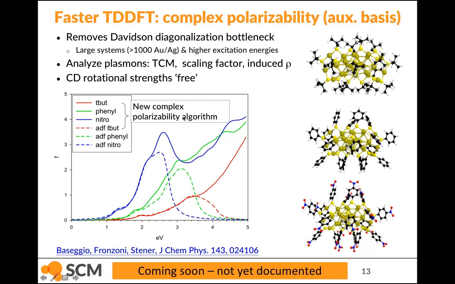Using their new complex polarizability algorithm, they can go to much higher excitation energies, and you get the same shape. You get the first plasmon, the same shape, but you can go to much higher excitation energies. What's really interesting here for this nitro compound in blue is that you first get a dip, so you think you're over, this is your plasmon, but then you actually get a plasmon rebirth at much higher energy.